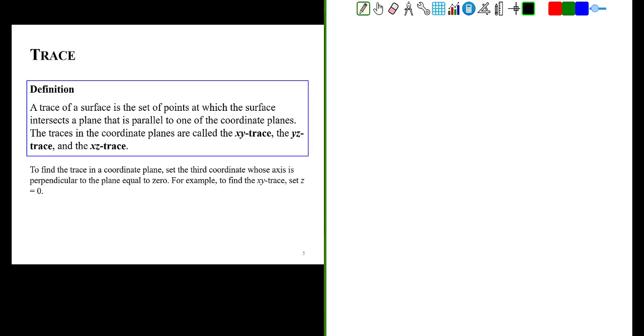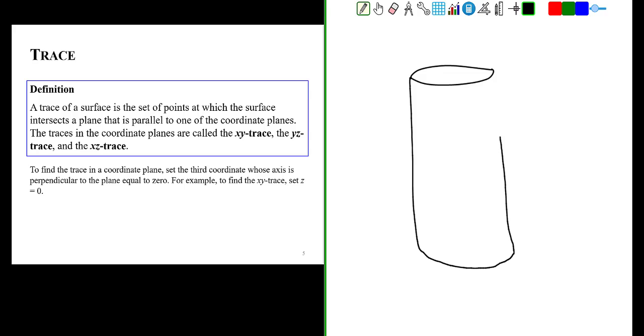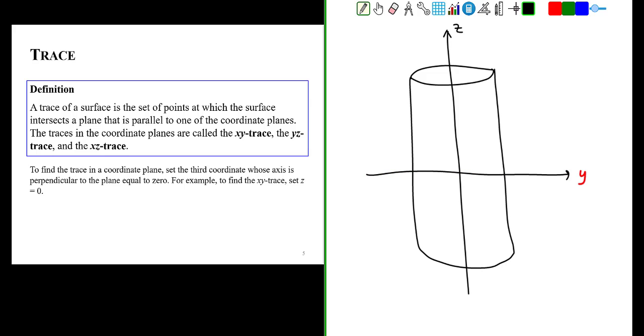Let's take a cylinder. Here we have a cylinder whose central axis is parallel to the z-axis in this XYZ rectangular coordinate system. Let's start off by taking a plane. In fact, let's just take the XY plane.